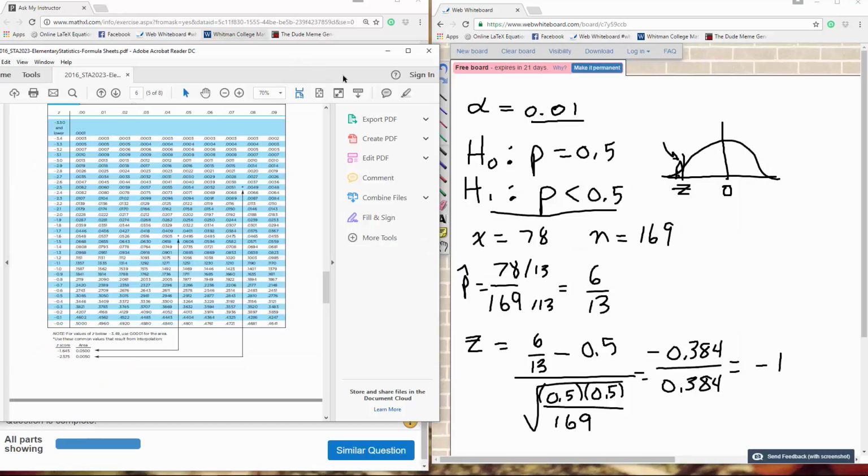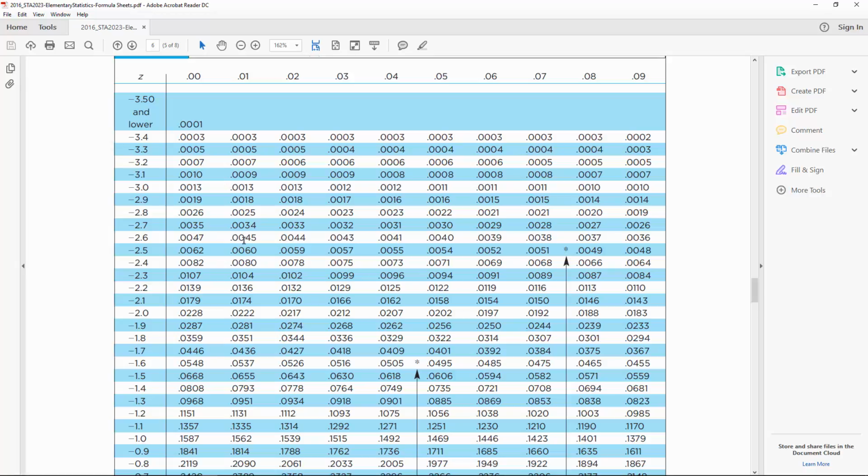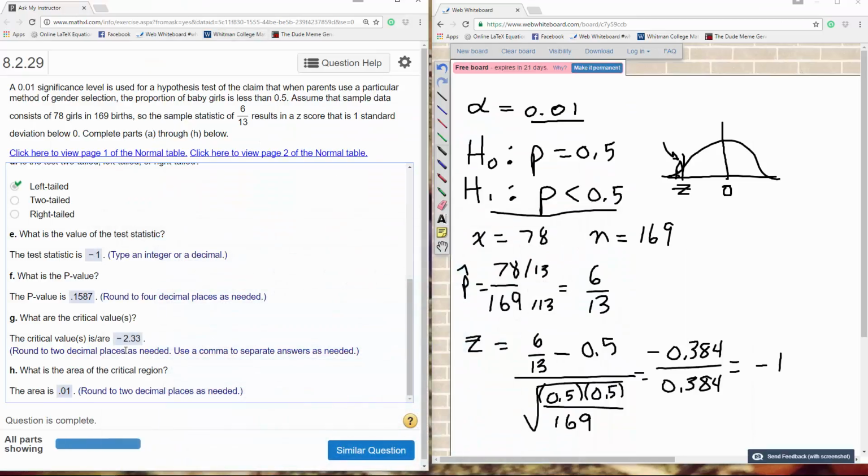So if my alpha is 0.01, then I'm looking for the value that is closest to that. And it looks like 0.0099 would be the closest to 0.01. So it would be -2.3, and then under 3, and that's where you see the -2.33. And then finally, what's the area of the critical region, which we said is my alpha value.